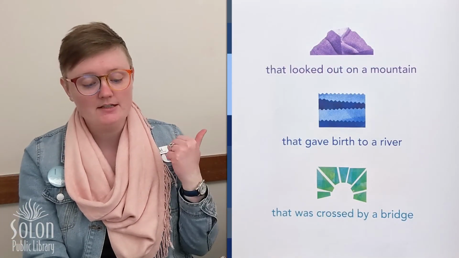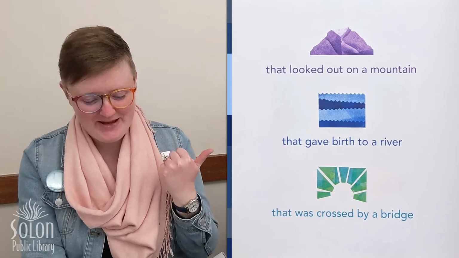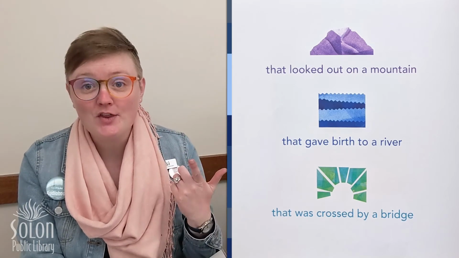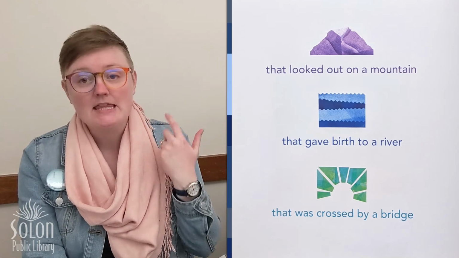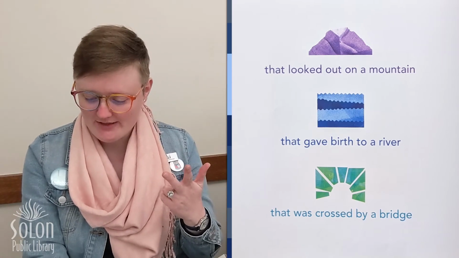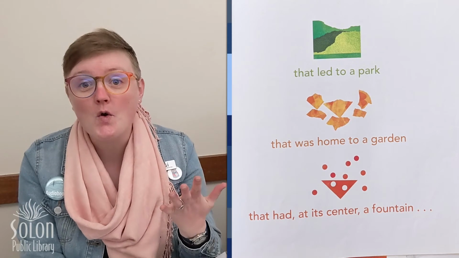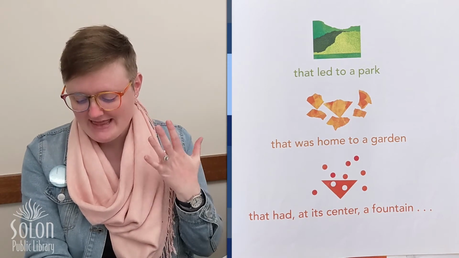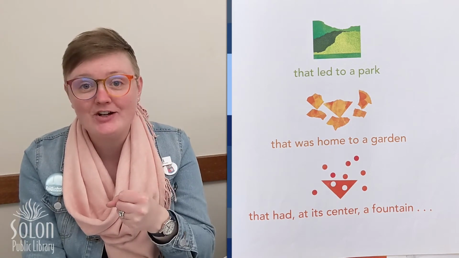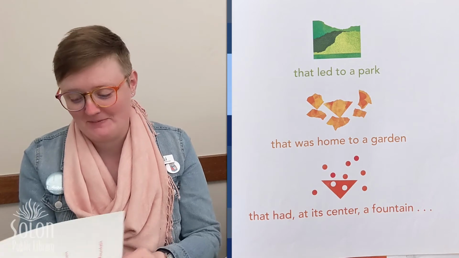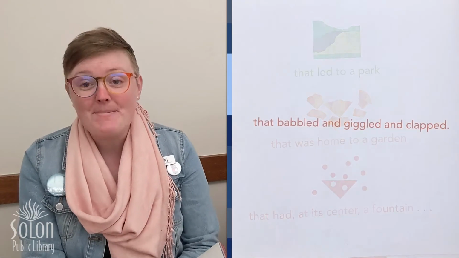So it made itself into a window that looked out on a mountain, that gave birth to a river, that was crossed by a bridge, that led to a park, that was home to a garden, that had at its center a fountain, that babbled and giggled and clapped.